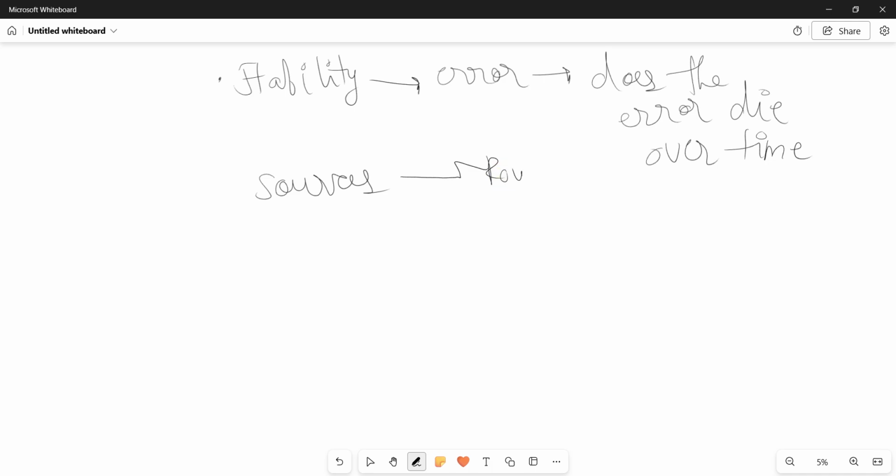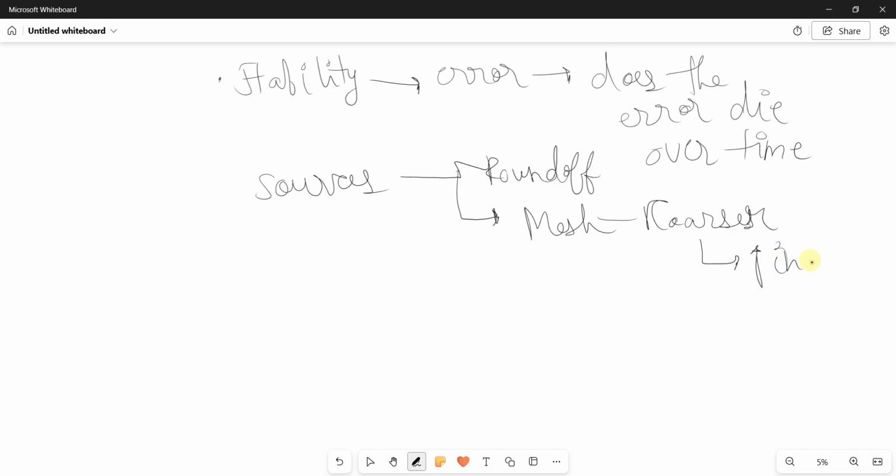Round off: if I'm rounding off because of a constraint of storage, then that can be an error. If it's 5.23982 and I just take 5.239, that is a round off error. Then mesh inaccuracies: as I told, if you go for a coarser mesh, you have high inaccuracies, right?